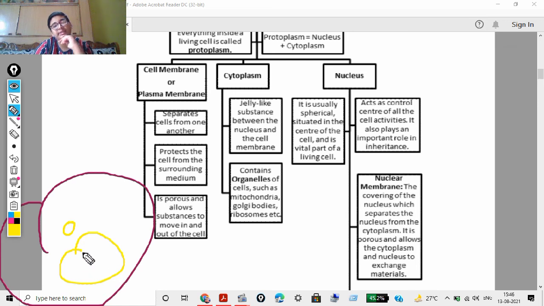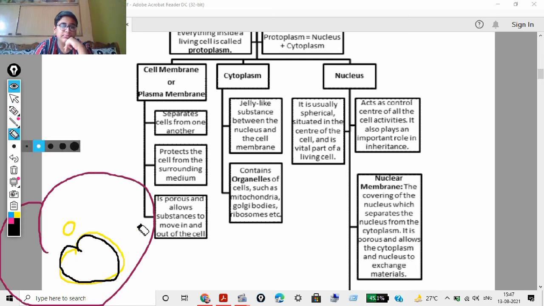Nucleus is of this type. I should draw the nucleus with a black pen. The nucleus is of hard type. It is spherical, or you can say heart in shape.